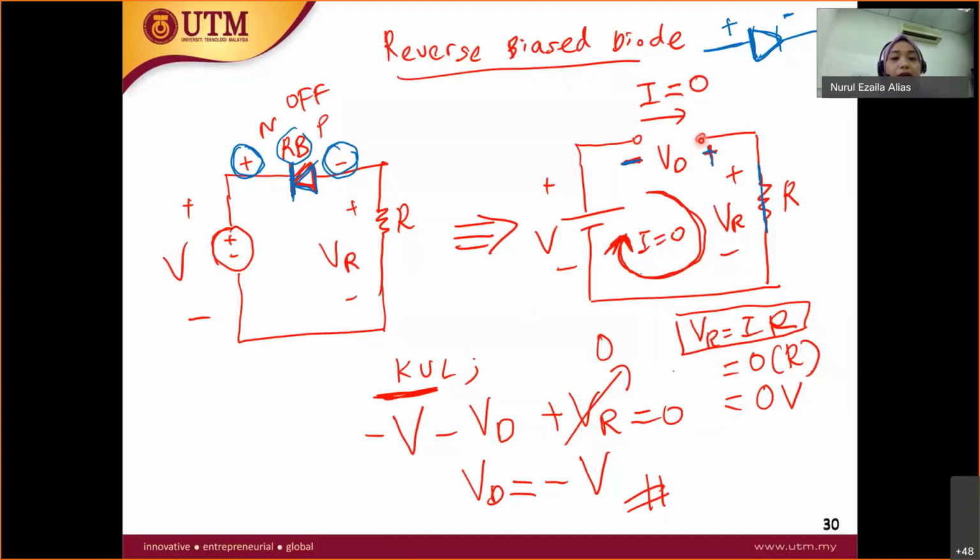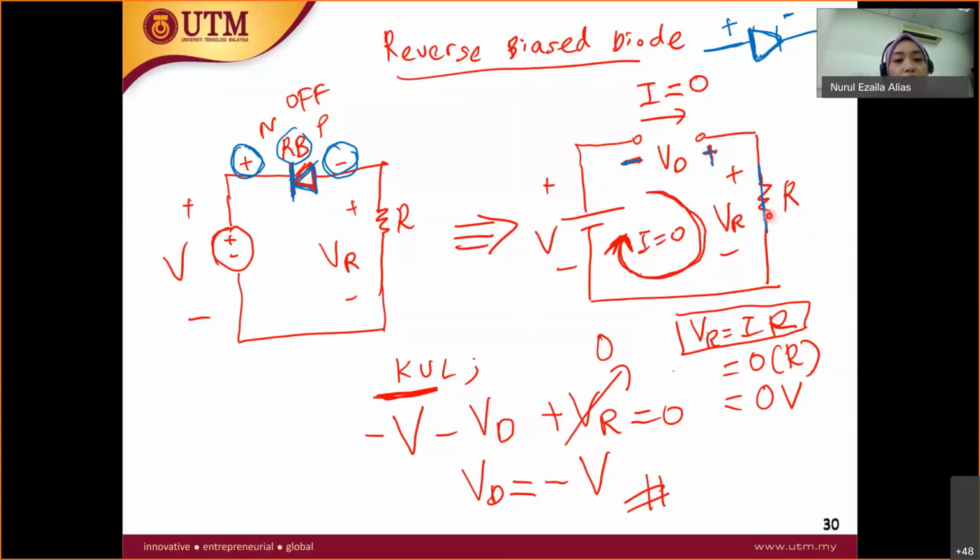If you can imagine it, it is actually equal to the negative of the voltage supply. But if you cannot imagine it, you have to do the KVL. Always go back to the KVL. So how about the terminal here? It will be the same as the anode: this is plus and this is negative. You know that this is an open circuit and the current equals 0.